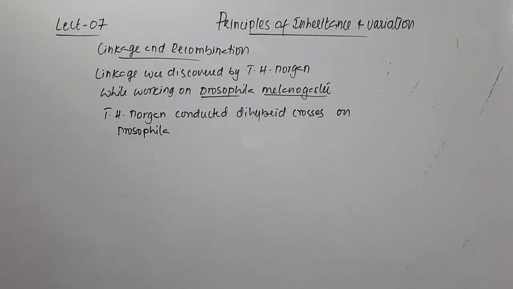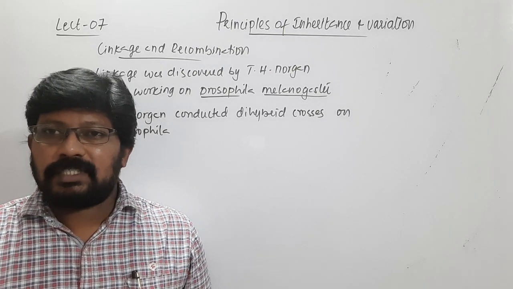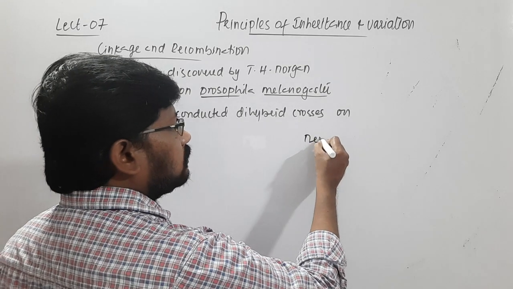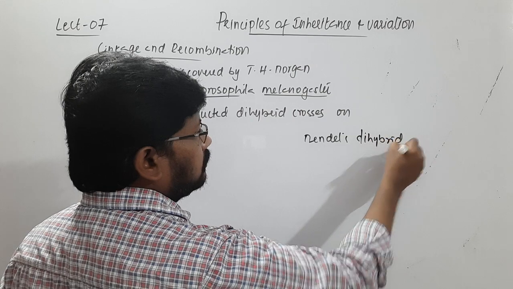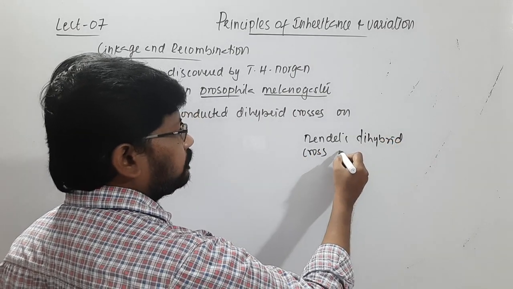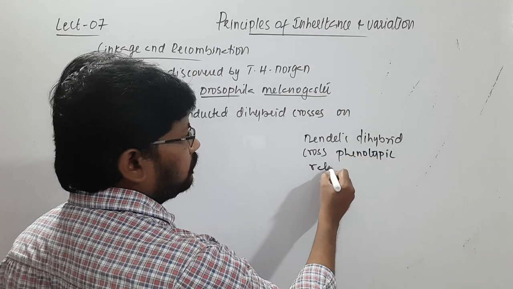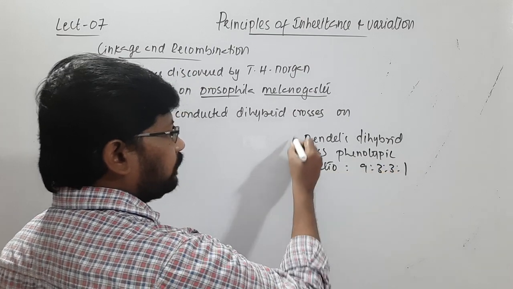In the case of Mendel's dihybrid cross, the phenotypic ratio was 9:3:3:1.